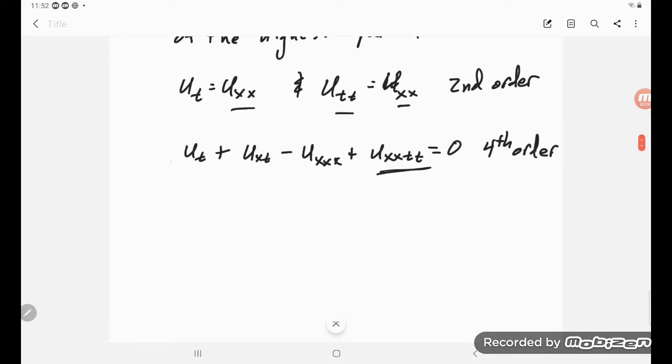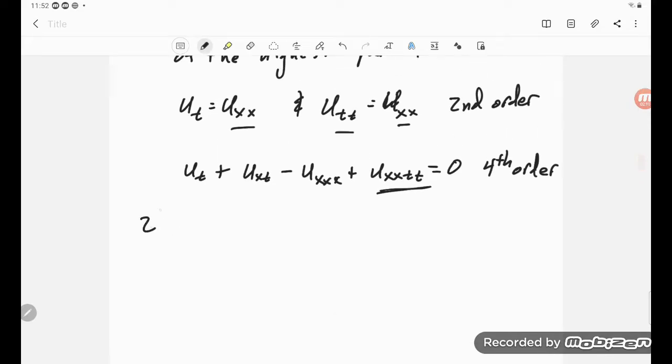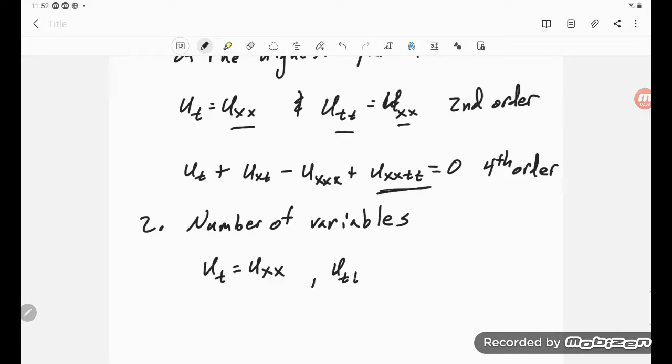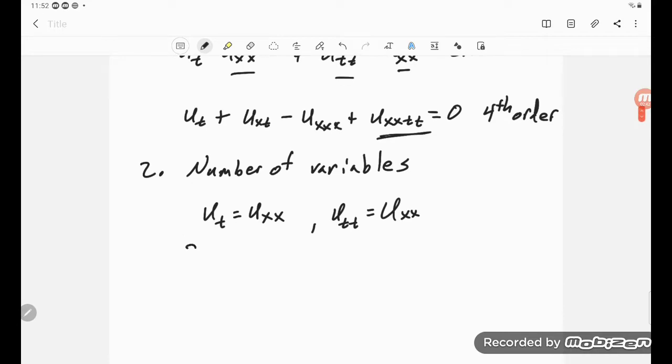Then we'll talk about number of variables. Again, if we look at either the wave equation or the heat equation, we see 2 independent variables.